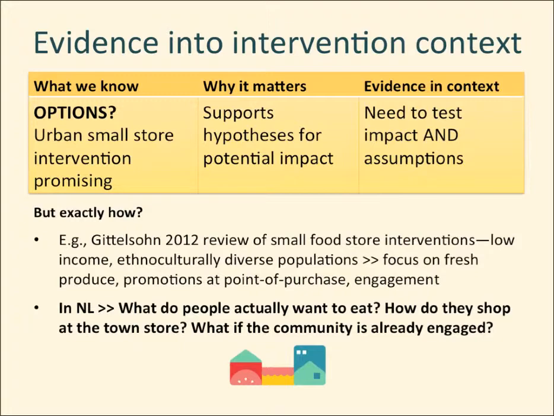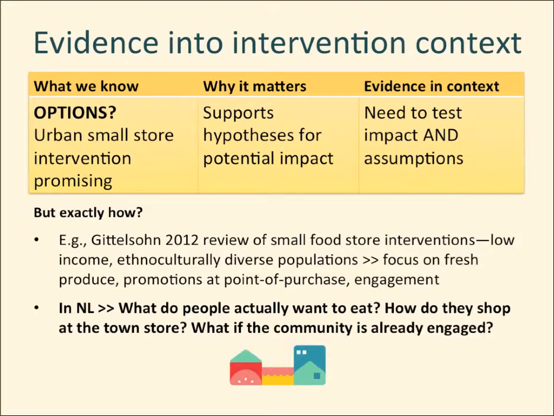So the prescription that had come out of a lot of that research, the synthesized result, was that small food store interventions tend to focus on fresh produce, promotions at the point of purchase, and also community engagement, that these are really important. So the idea of testing the impact and the assumptions is that if we want to relate to the literature, we want to be able to do things like testing engagement or testing what happens at the point of purchase.